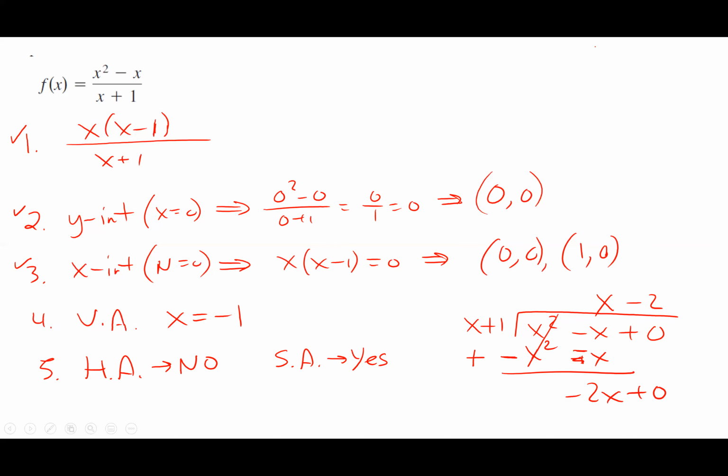So I'm going to jot my little graph here real quick. I got 0, 0. I got 1, 0. I have a vertical asymptote at -1. It goes like this. And I got myself -2, so it goes like this.